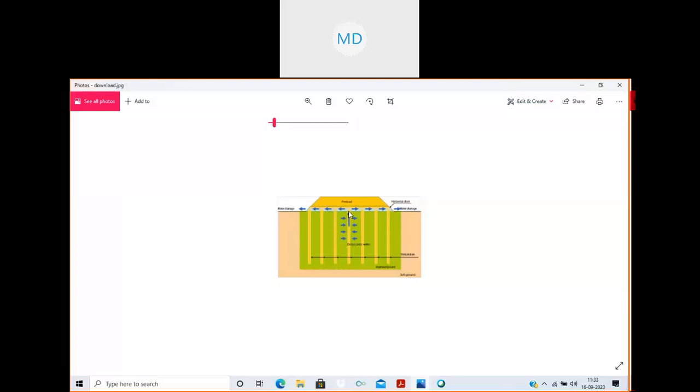Since this portion is also porous, because we have laid the sand blanket here, the water moves in this direction, and then it gets squeezed out. Similarly for the other drains: this is one more vertical drain, and the same process occurs. The water moves up and then moves through the sand blanket.